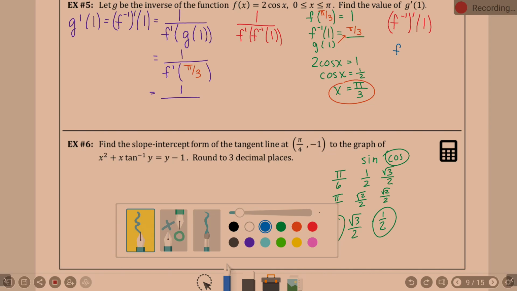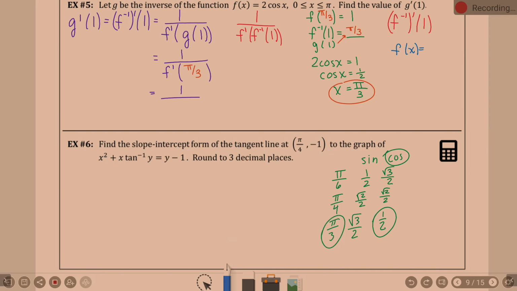So if f of x is 2 cosine x, then f prime of x is, wait, we have to do the negative sine x. I'm going to write it as negative 2 sine x. Yeah, that makes sense.